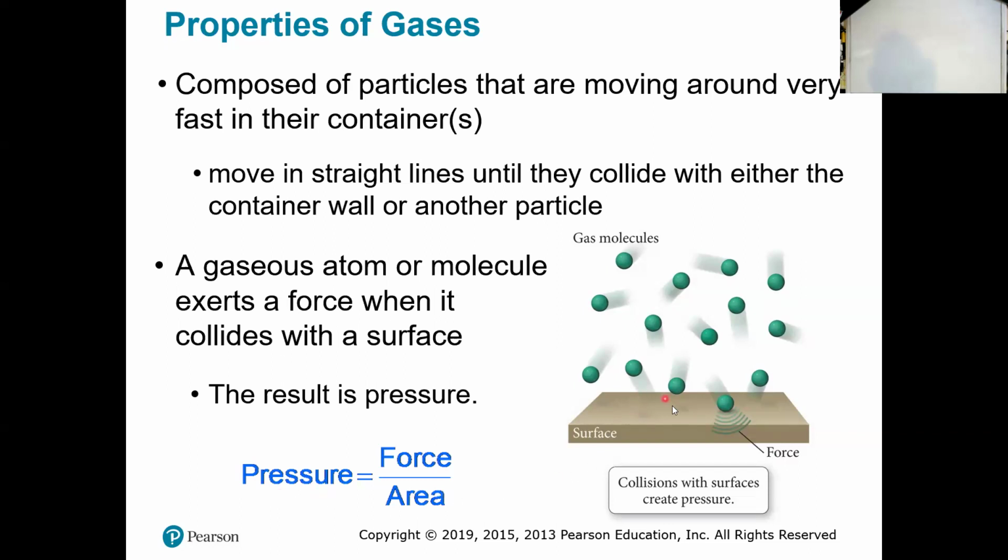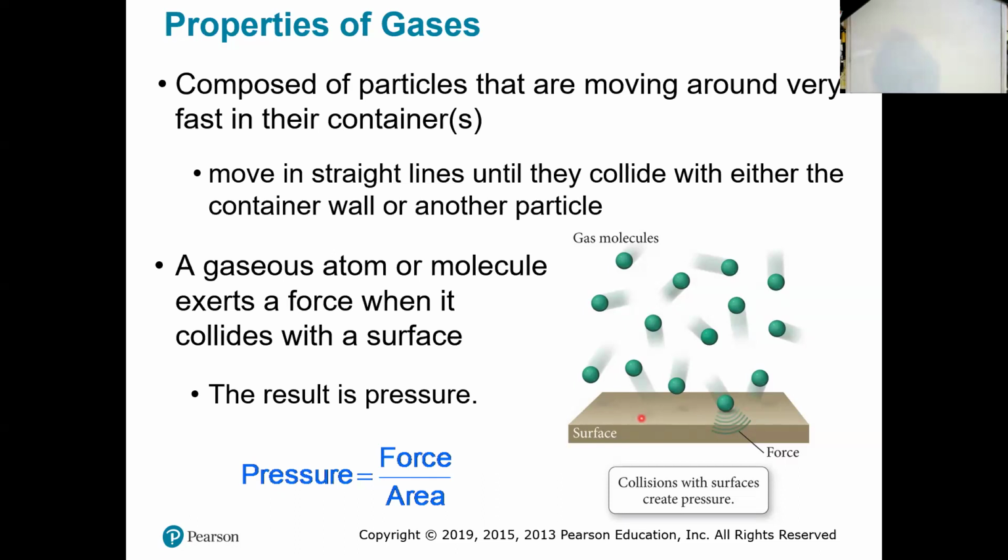And the more collisions with the surface that our gas particles have, the higher our pressure values are going to be. So when you think about gas and you think about pressure, what you really want to focus on is that anything that increases the number of collisions of my gas particles is a thing that will increase my gas pressure.